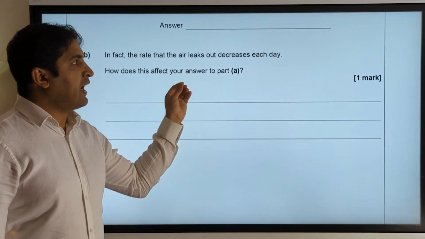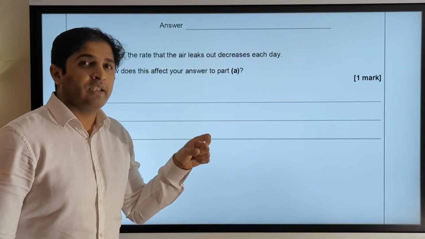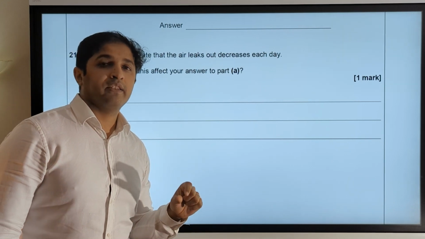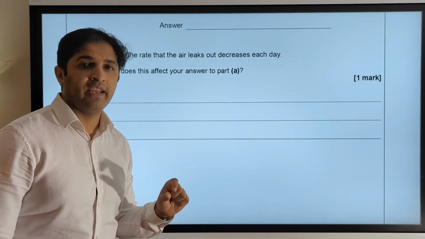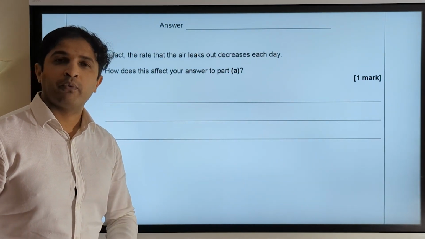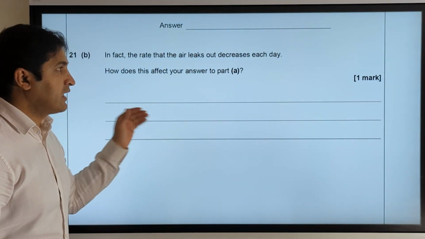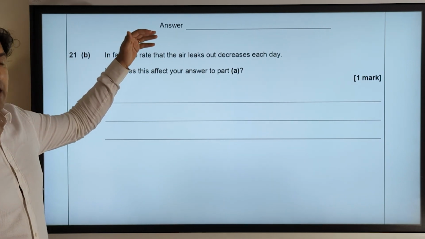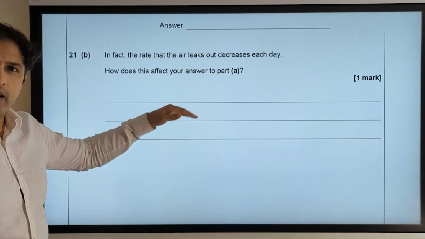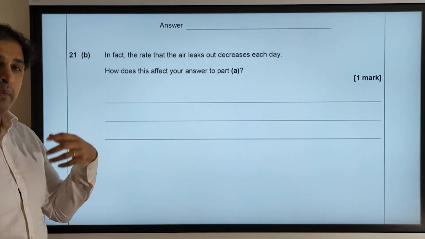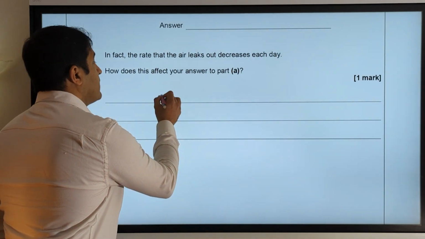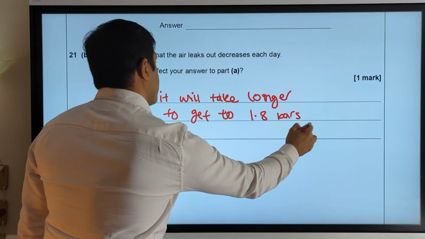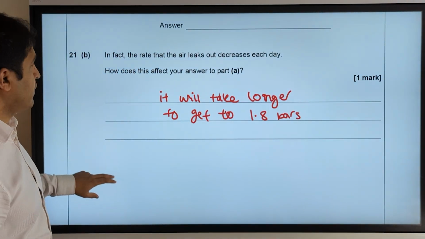So the first day was 0.2, then the next day it might have been 0.15, and then the day after 0.1. It will slow down how fast the pressure goes down, so it will take longer to get to 1.8 bars.